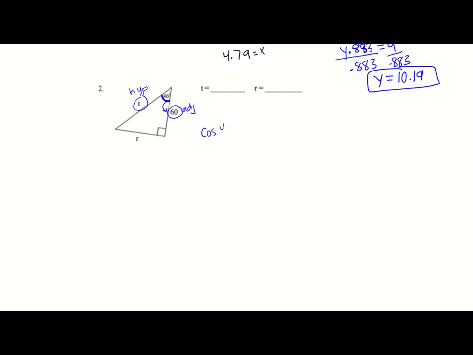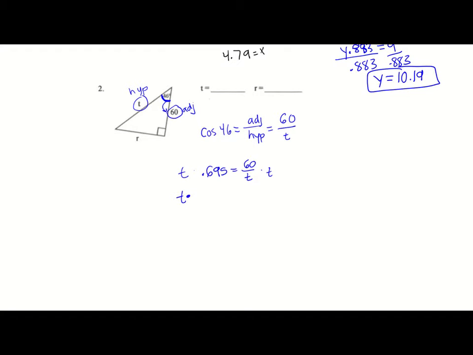So cosine of 46 is going to equal adjacent over hypotenuse, which is 60 over t. Cosine of 46 gives me 0.695. Multiply both sides by t.